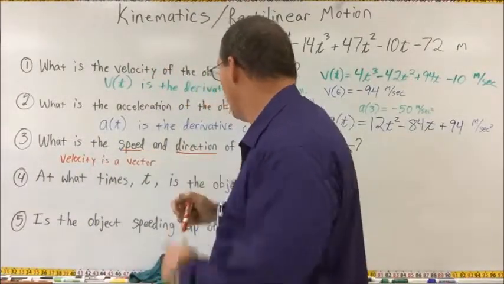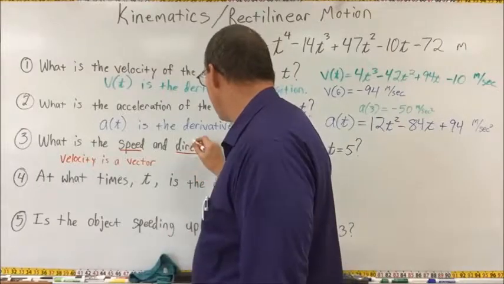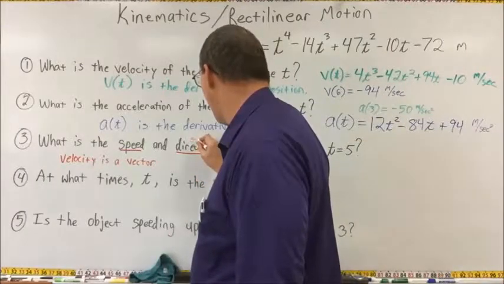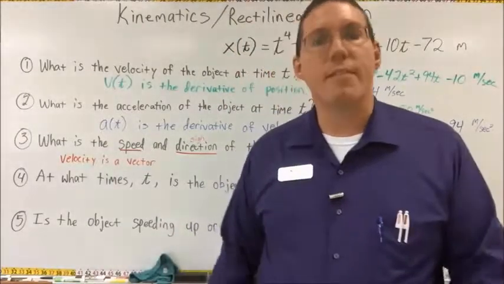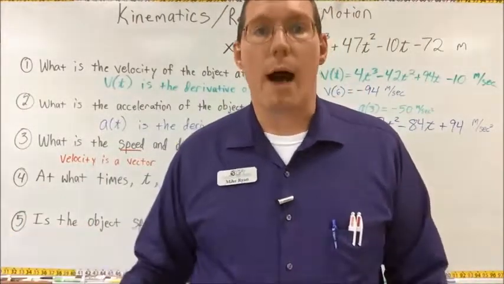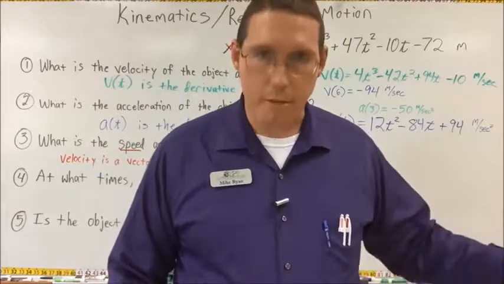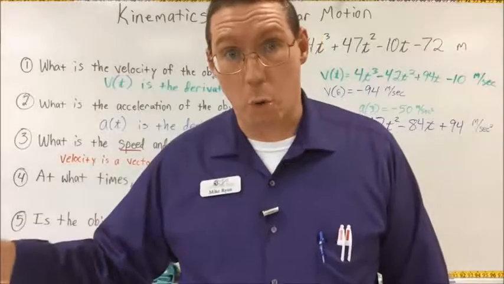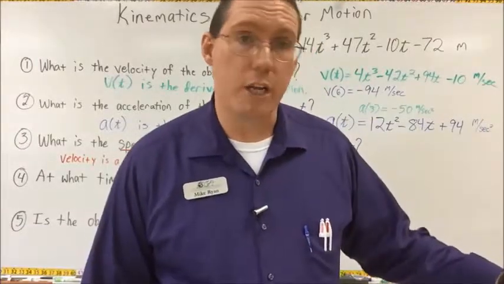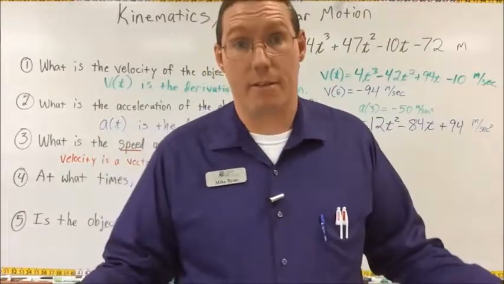The direction of the object is indicated by the sign of the object. Negative means the negative direction. Positive means the positive direction. The negative direction is leftward. The positive direction is rightward. That's in the x-axis.